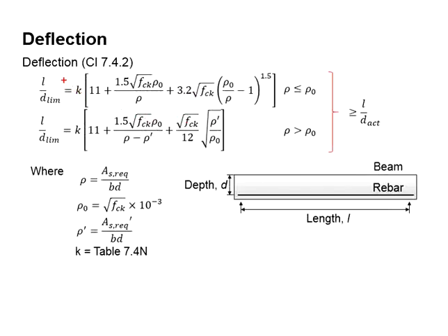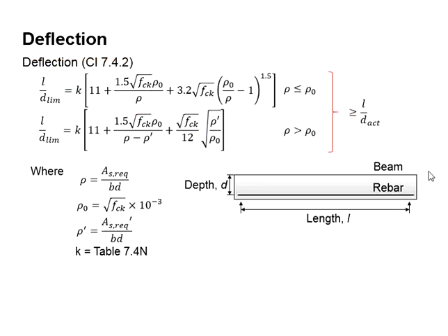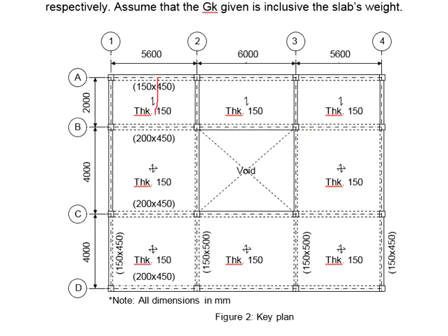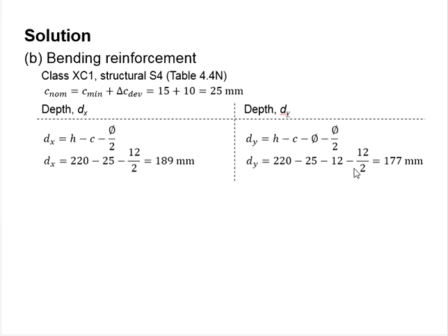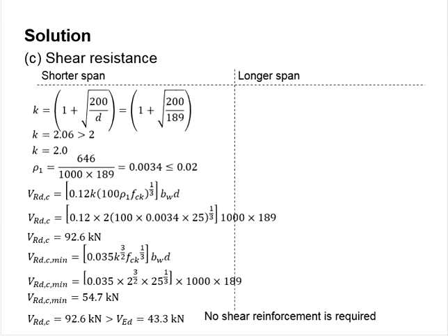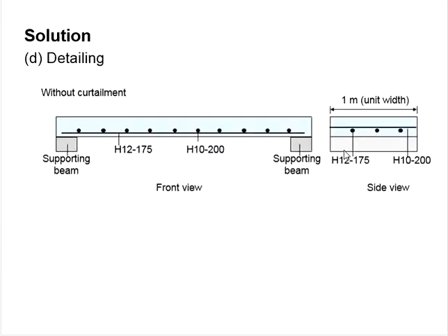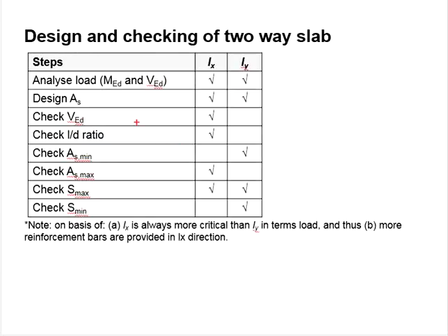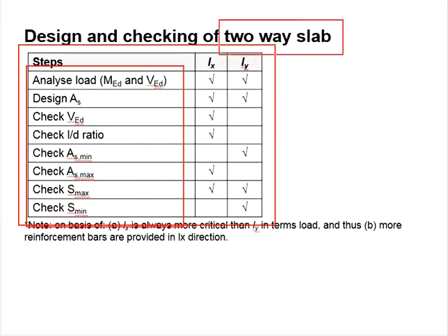Therefore, when you are checking the deflections in terms of the L per D ratio, you only need to check for the shorter span. For more details regarding this, you may refer to our previous examples discussed in Chapter 8 regarding the slab design, which provides a table for the checking under different circumstances for two-way slab in the Lx and Ly.